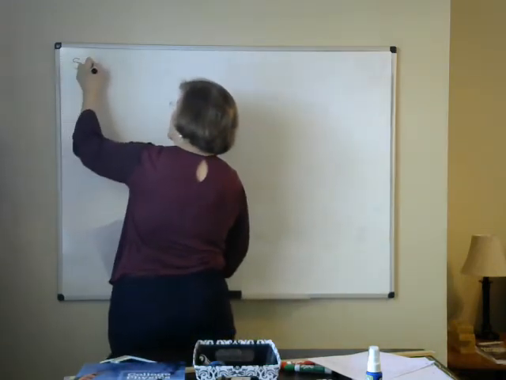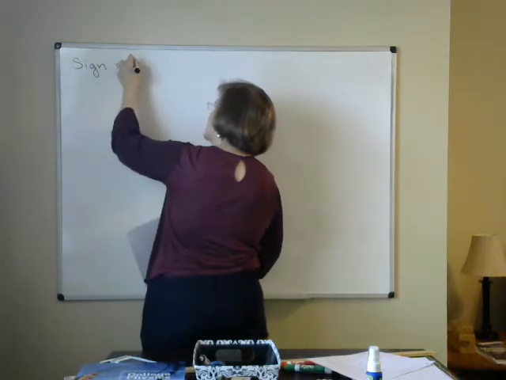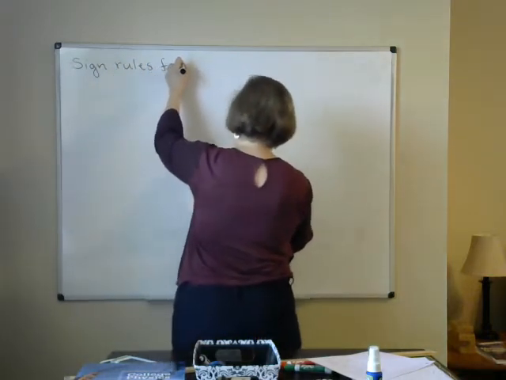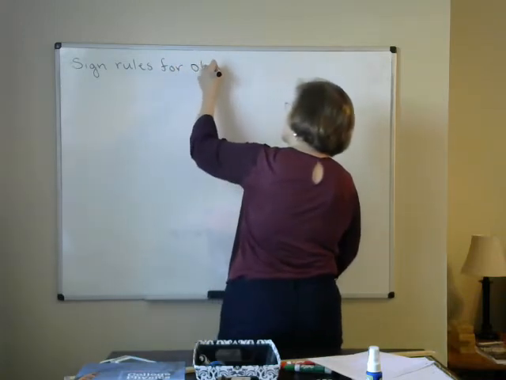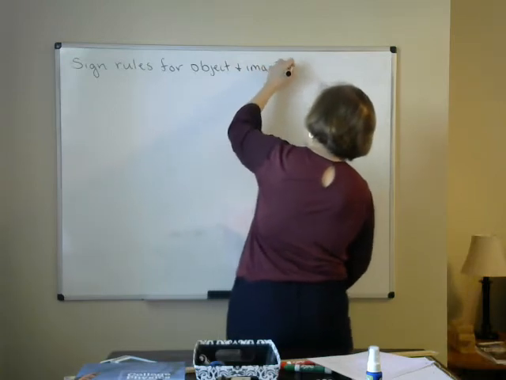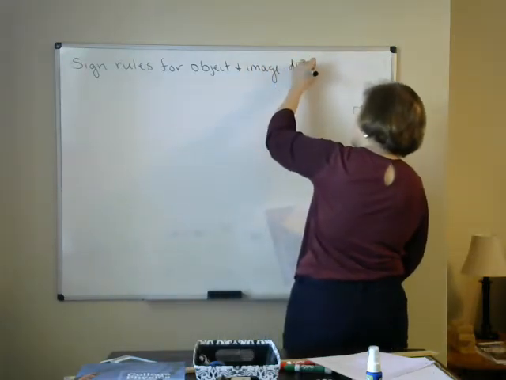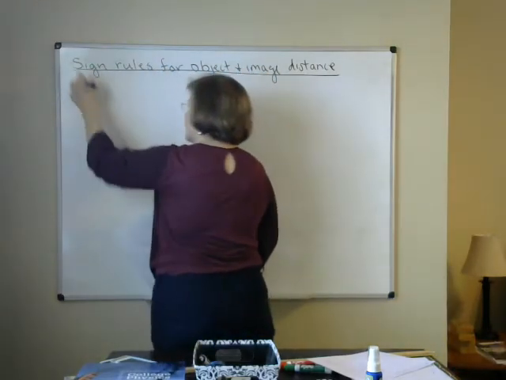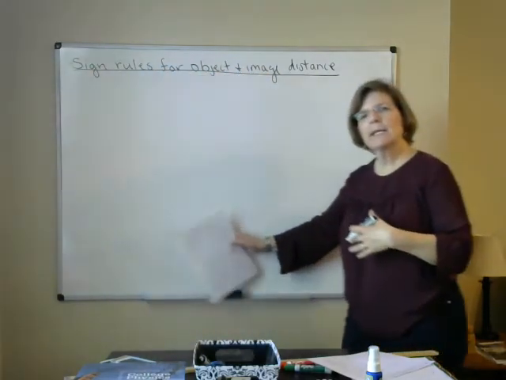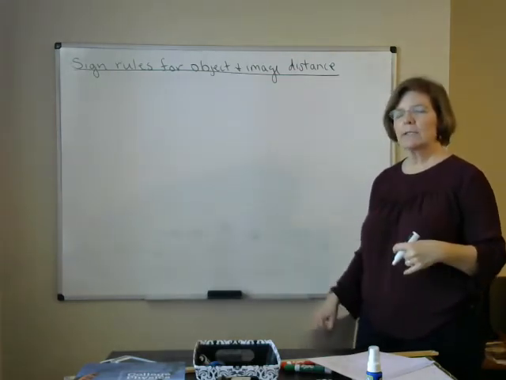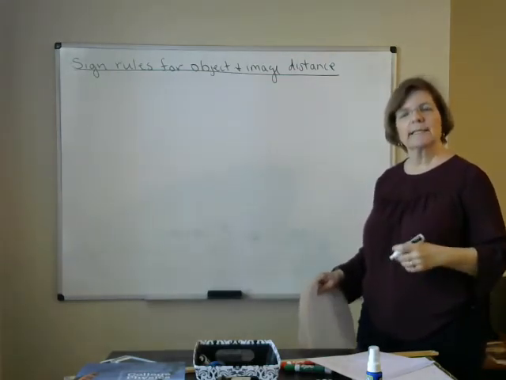Here are the sign rules for object and image distance. The book has really tried to help us by making rules that we can apply not only to mirrors, but that we'll also be able to apply when we talk about lenses.